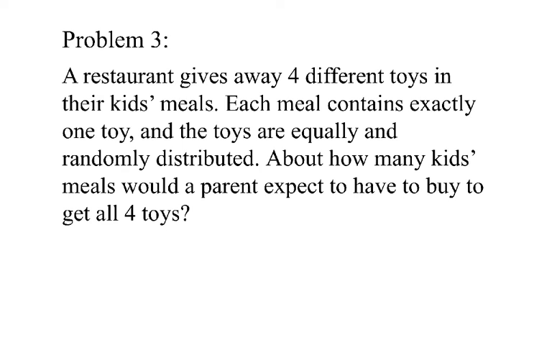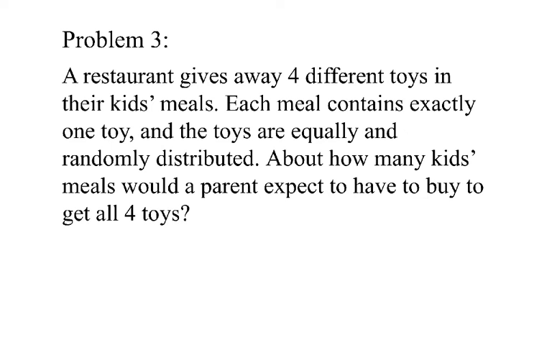About how many kids' meals would a parent have to buy to get all 4 toys? So here, you would not expect, if all of the toys were random, to go to McDonald's and have to buy 4 Happy Meals and get the 4 toys. It just doesn't work like that. So generally, you're likely to get doubles, sometimes triples, depending.